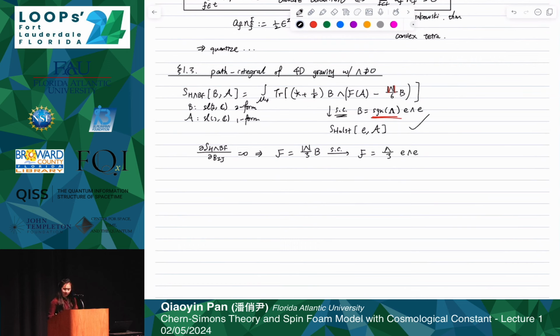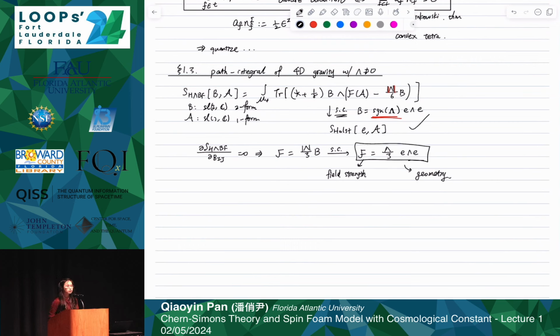Let's look at this formula. On the left-hand side, in the field language, is the field strength. But on the right-hand side, it's the E wedge E. So we have geometry. And this is the key. This gives us some key idea how to impose a simplicity constraint later. So let's keep this in mind for now and go on.